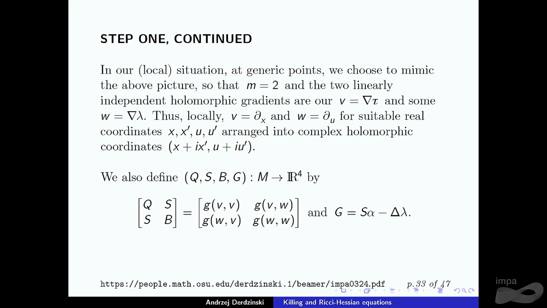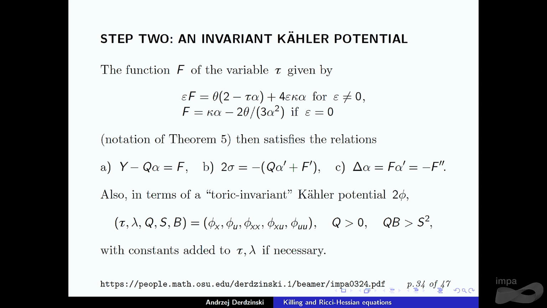And it's very convenient to introduce a fifth function, which will be S, present there, times our alpha, which is present in the picture all the time, minus the Laplacian of this function lambda, whose holomorphic gradient we added to the picture. So we have these four functions. M now stands for a neighborhood of a generic point instead of the original manifold. We are looking at it locally, and we want to discuss the situation in terms of these functions.